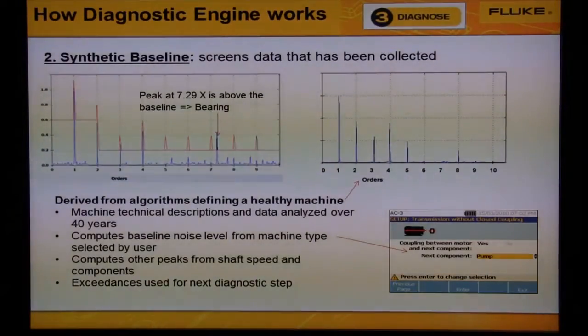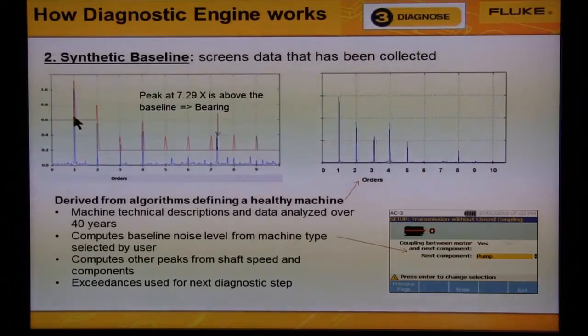In the graph on the left, we see a low red line that reflects the baseline level selected for this machine. Notice that in the lower frequencies, over to the left, the alarm level is higher because noise levels are higher in low frequencies. Also notice that the baseline level is raised to cover the peak at 1x because we expect a larger vibration to be seen from the shaft vibration.